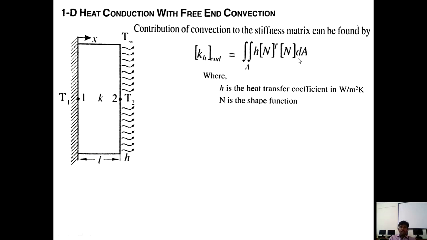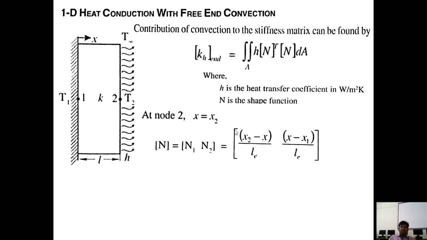So what is H? H is the heat transfer coefficient, and N is the shape function. As we know, N1 and N2 are (x2 minus x) divided by LE, and (x minus x1) divided by LE. At node 1, x equals x1, which equals 0 because we are taking x1 as the reference.